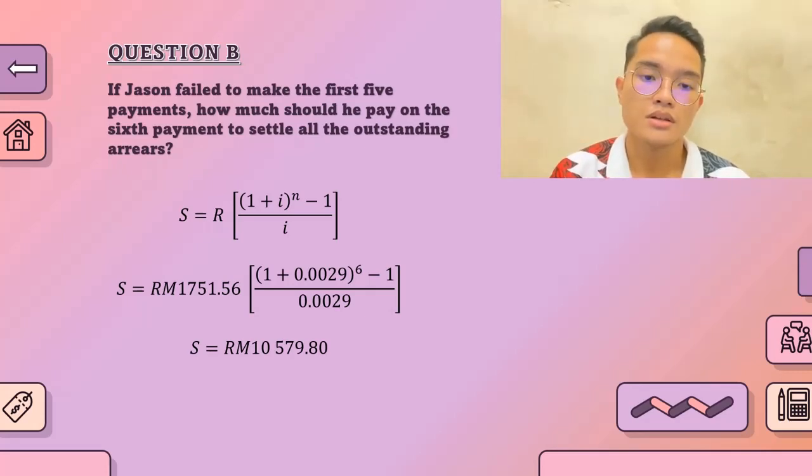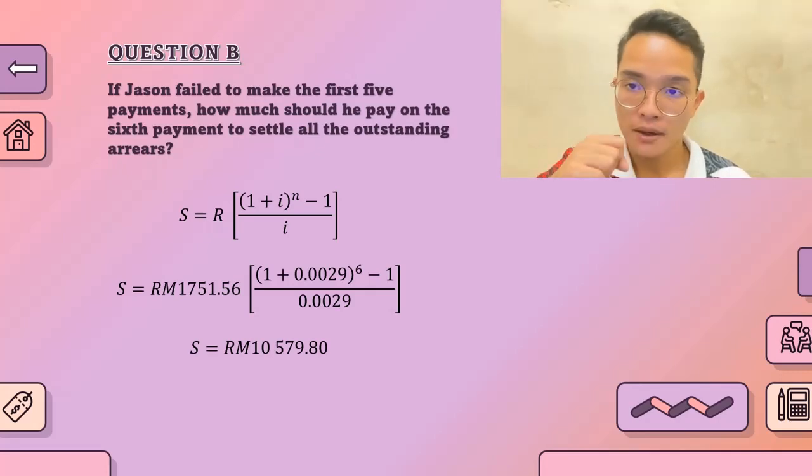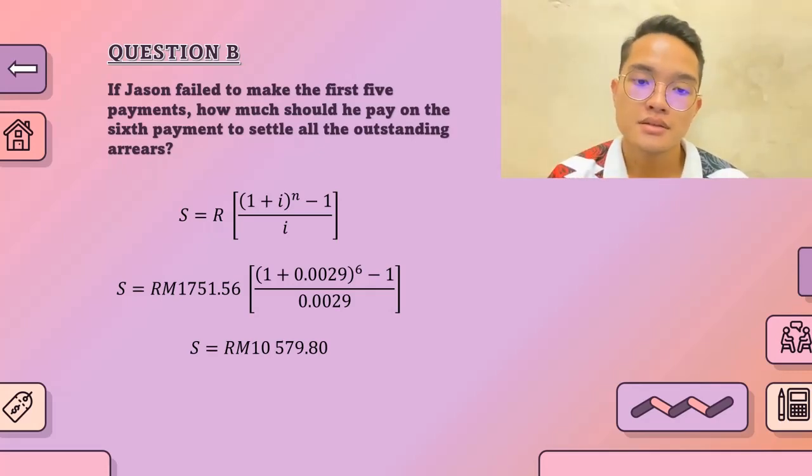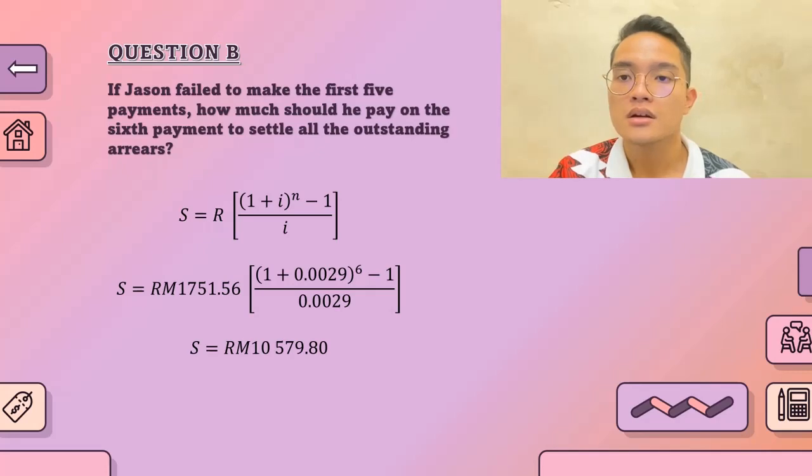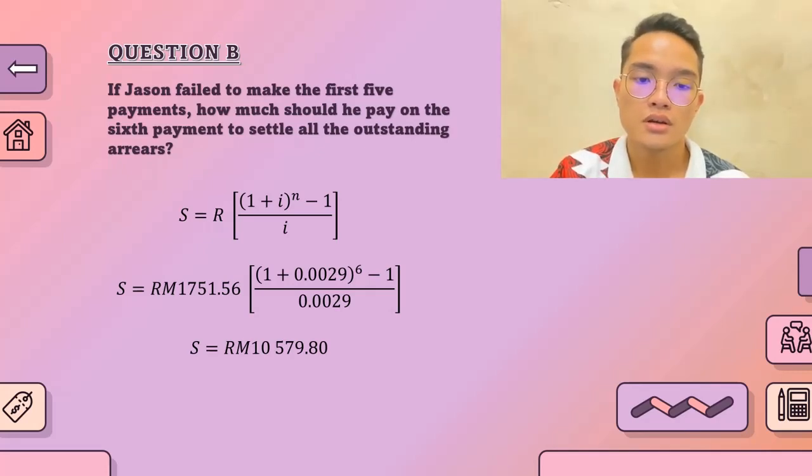So the formula that we will use is S equal to R multiplied by open bracket 1 plus I close bracket power n minus 1, over I.